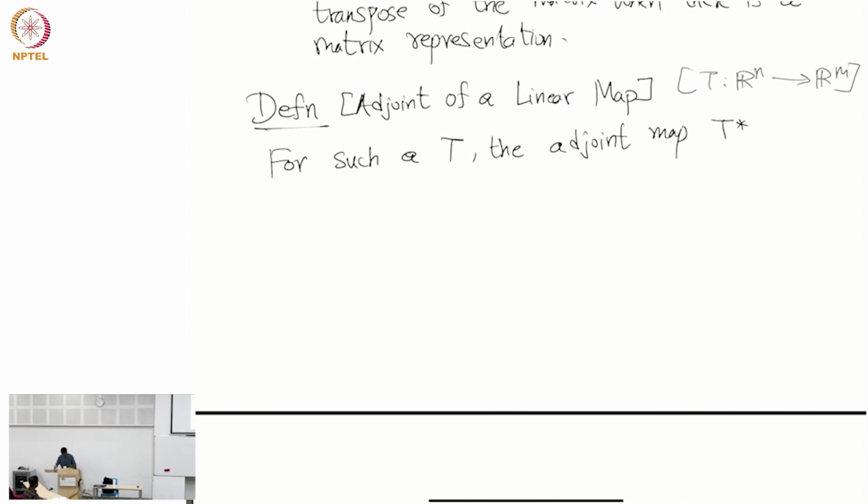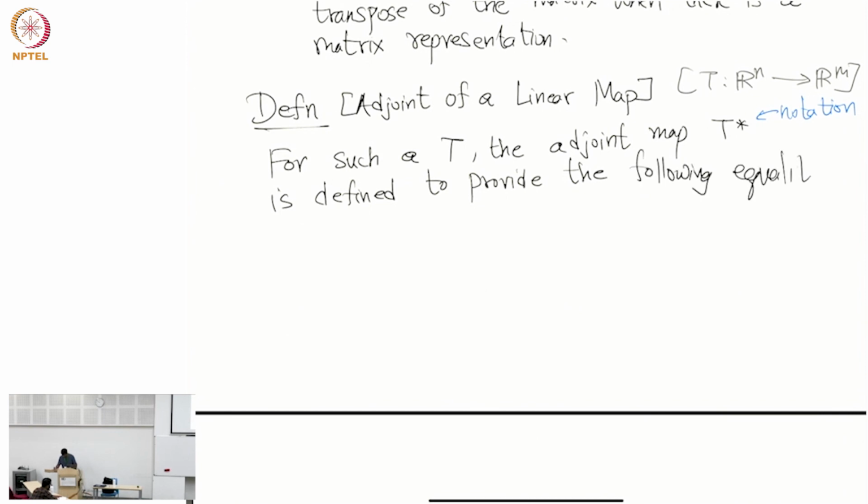So this is the notation. T star is defined to provide this equality: I take the inner product of Ax with y and demand that it be equal to the inner product of x with the adjoint of y.